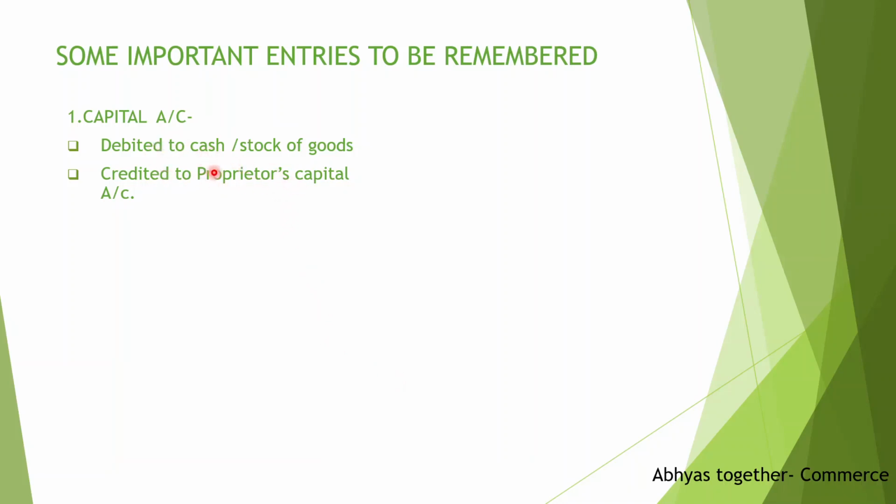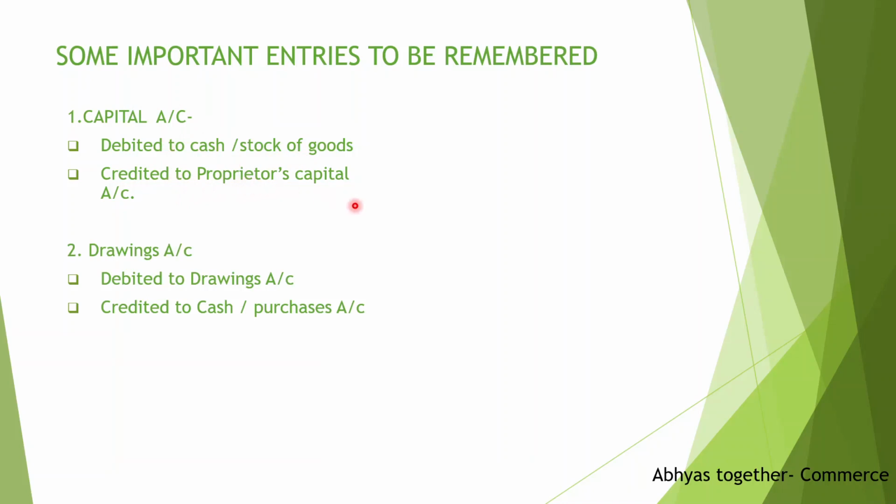If he brings goods, then we debit the stock of goods and credit the proprietor's capital. Similarly, sometimes the proprietor takes a certain amount of cash or certain goods from the business. Whenever he takes from the business, we debit the drawings account and credit the cash account in case of drawing cash, and credit the purchases account in case of drawing goods.